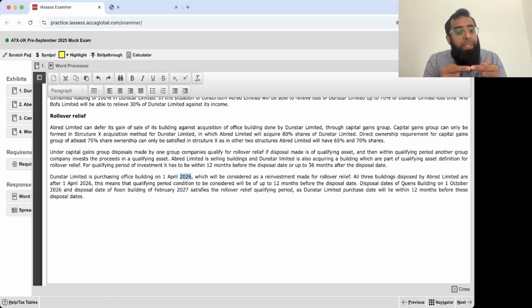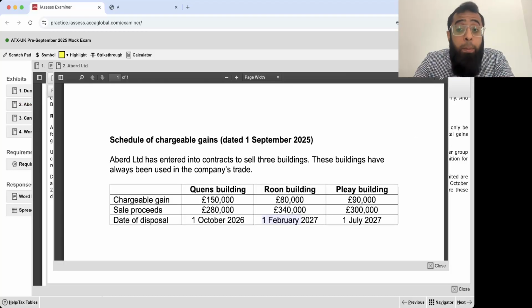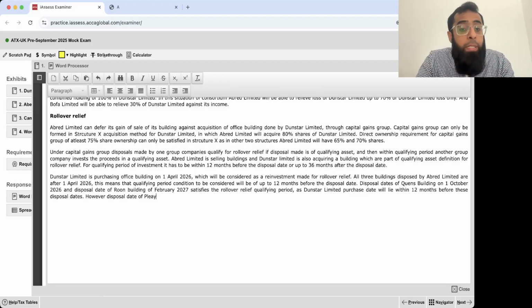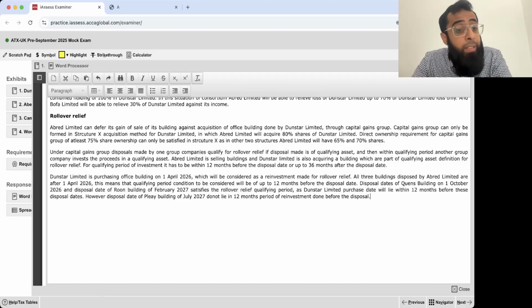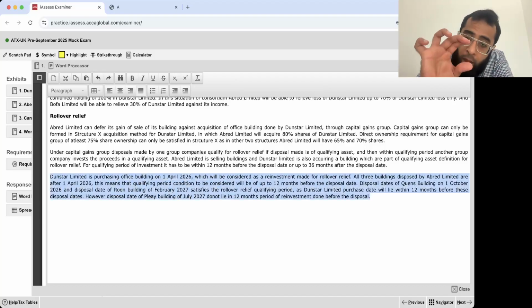See, April 26 to October 26 is within 12 months, April 26 to February 27 within 12 months. However, the disposal date of the Plie building of July 2027 does not lie in the 12 months period of reinvestment done before the disposal. See, this paragraph is the heart of this question.